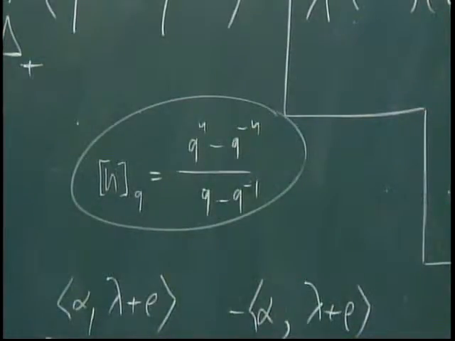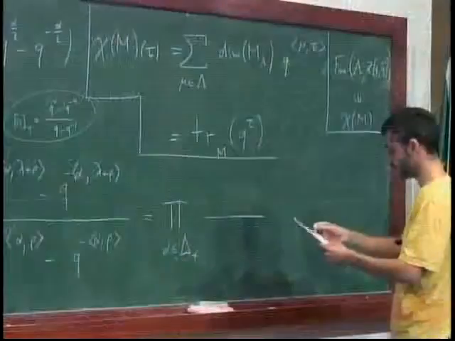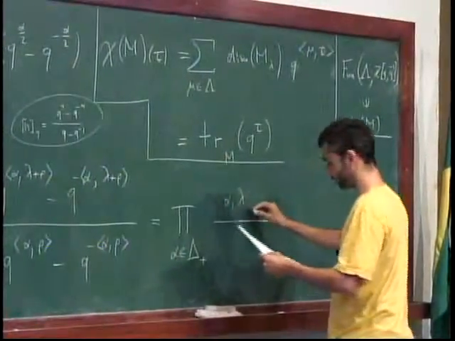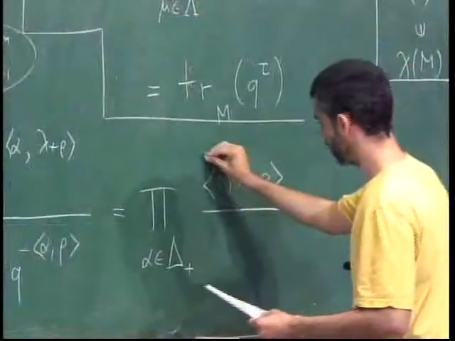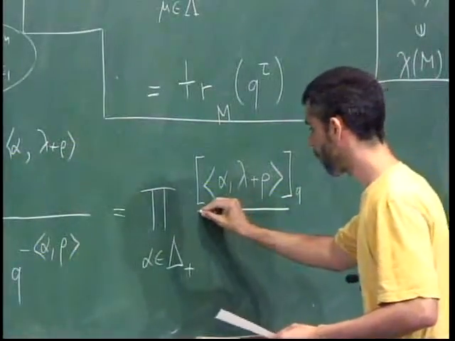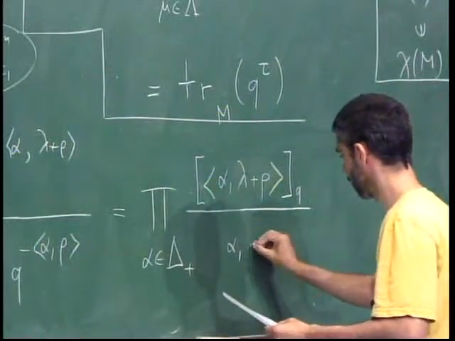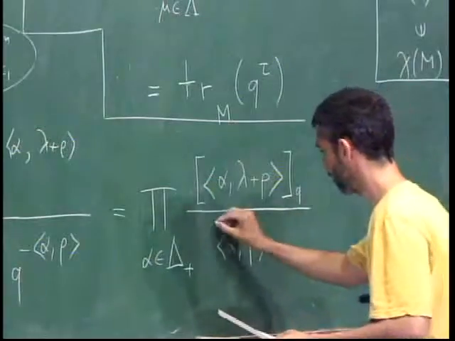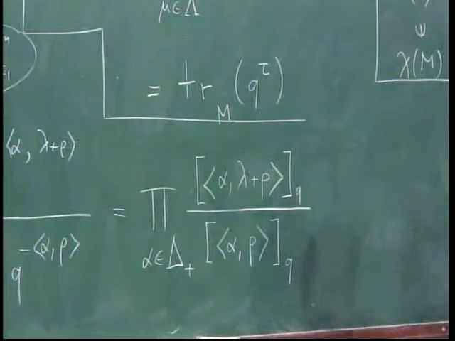Well, I can put that in here to rewrite it as a single product of quotients of this inner product, lambda plus rho, quantum number, whatever that inner product is, divided by that.